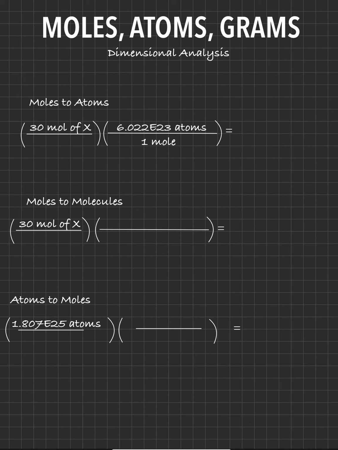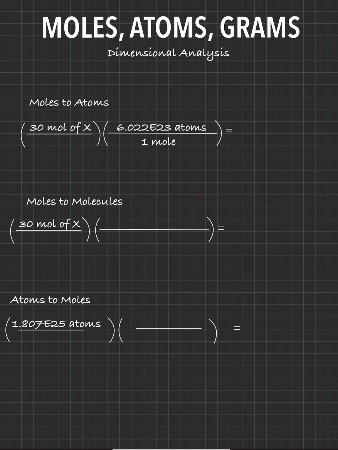Pro tip number 2 is that you need to know that if you have something in the numerator, it cancels with the denominator. In other words, my moles here are going to cancel with my moles here, and I'm going to be left with atoms in this case. If I had this backwards, with the 6.022 times 10 to the 23 on the bottom and 1 mole on the top, I would end up with a mole squared because both moles would be in the numerator.